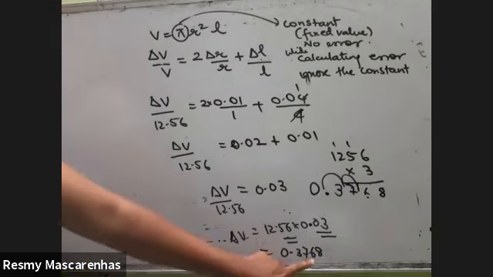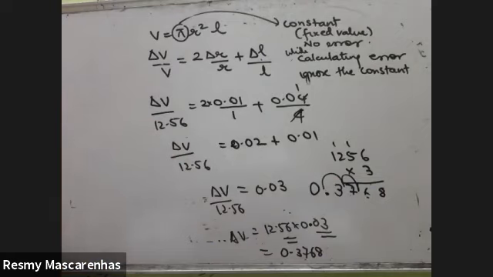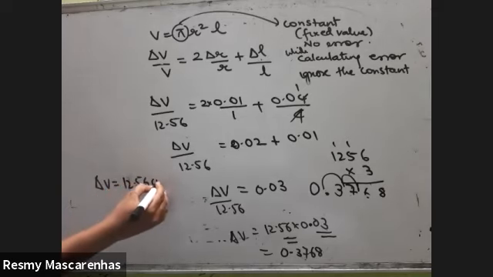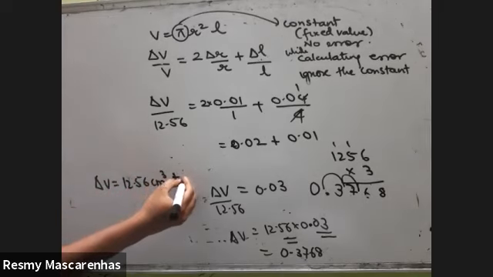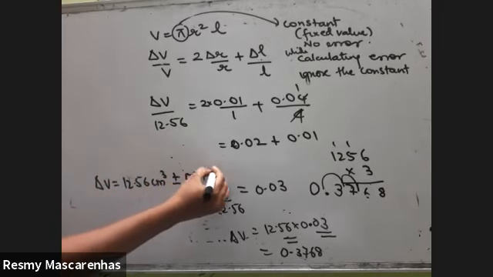Up till this much also you can write, no problem. The answer is final. Delta V will be equal to 12.56 centimeter cube plus or minus 0.3768 centimeter.